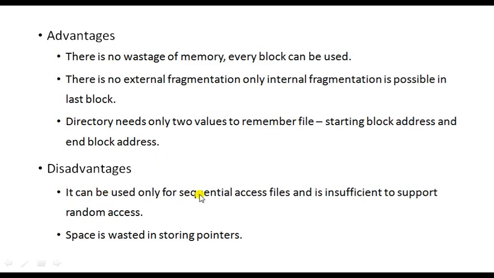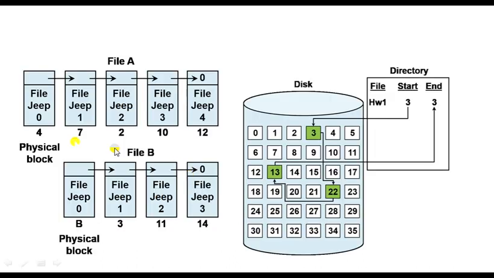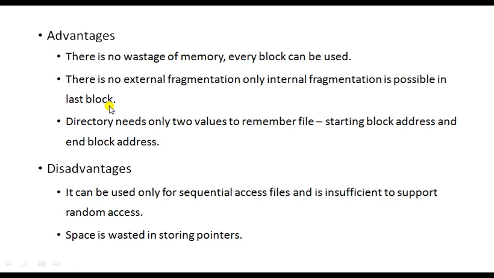Also, space is wasted in storing the pointers. For every block you need some extra space to store the pointers. So one is it cannot support random access, and another is that space for pointers is more. These are the disadvantages.